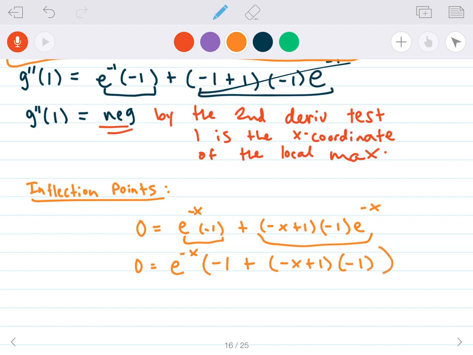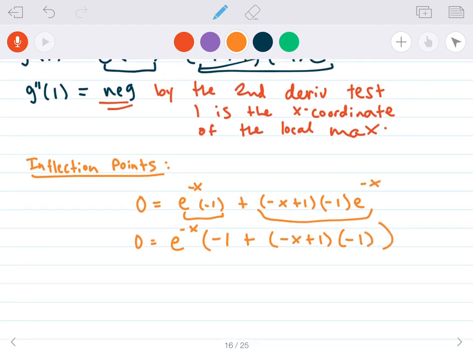I can simplify everything on the inside. If I distribute this negative 1, that gives me a positive x, those double negatives, and then a negative 1. So really, this is 0 equals e to the negative x times x minus 2.